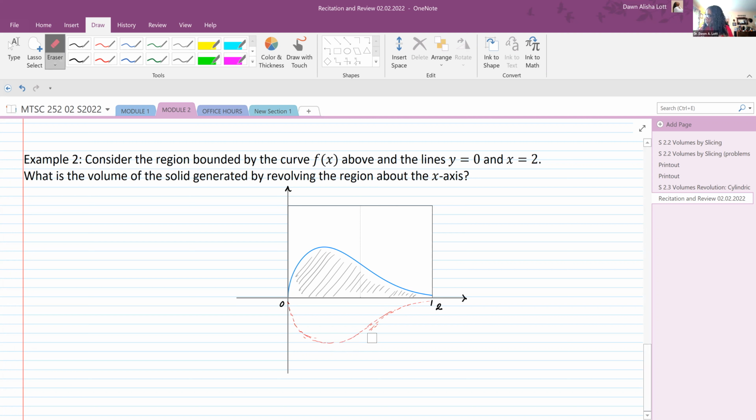There you have it. So I'm going to choose an x. Here's some x. And then here's the y value, and that y value gets revolved around the axis like this, and it creates a disk. That's not a bad disk at all.